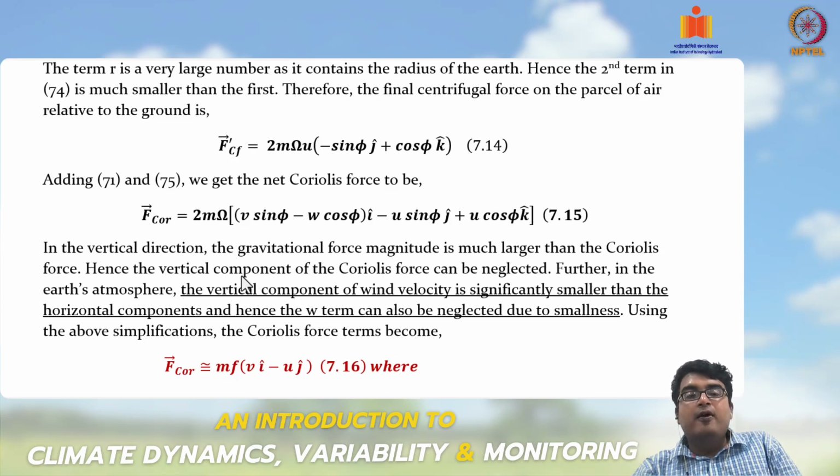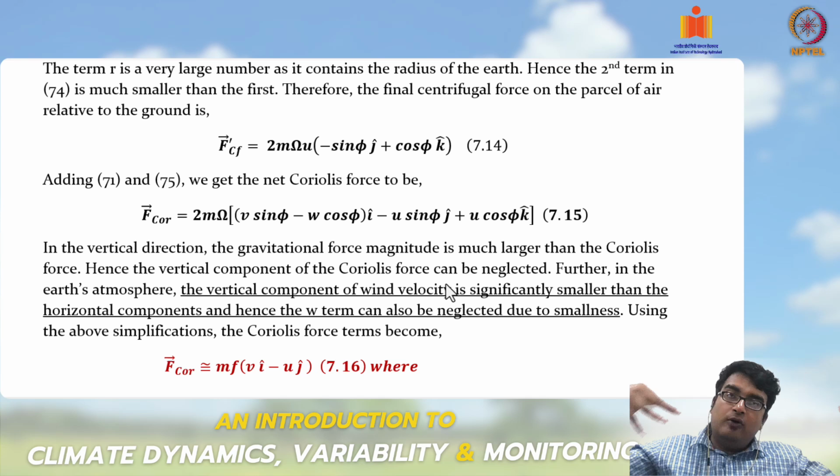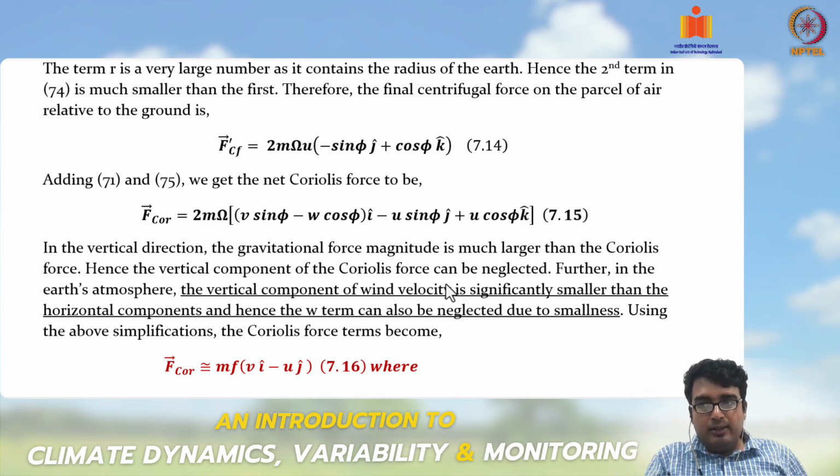Okay. Further, in the Earth's atmosphere, the vertical component of wind velocity, W, is significantly smaller than the horizontal components. So, while there are significant upward and downward moving convection currents, the velocities associated with them are actually 10 to 100 times smaller than the velocities associated with the zonal and the meridional wind circulation systems.